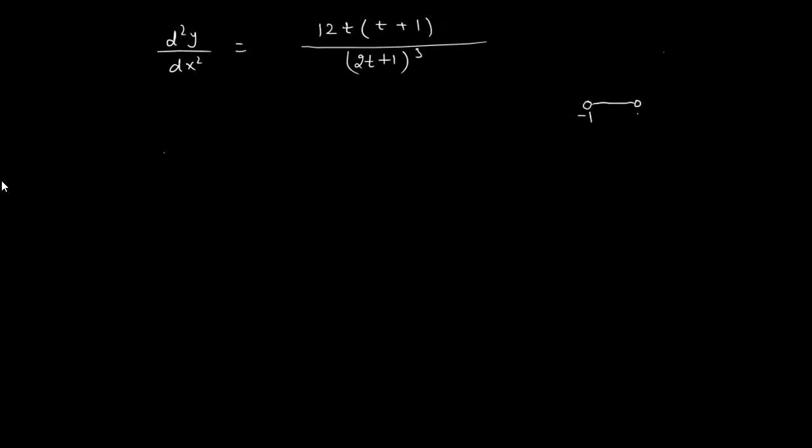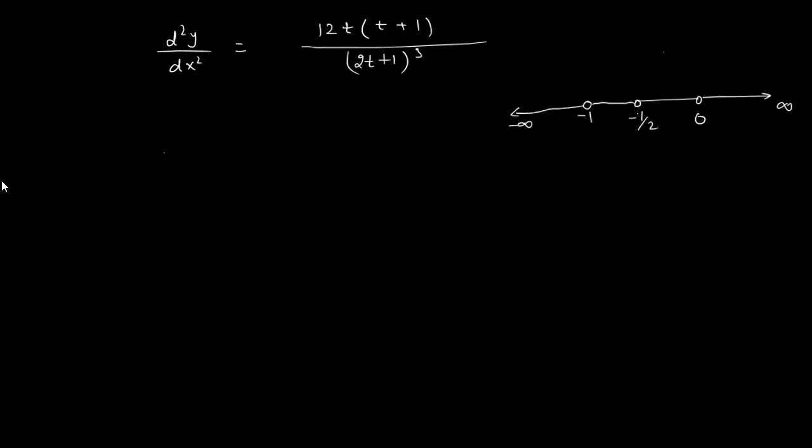Once we put 2t plus 1 equal to 0, we get negative 1 by 2. So basically we get three values: negative 1, negative 1 by 2, and 0. And these numbers divide the number line into 4 disjoint intervals. Let us check the sign for each interval.